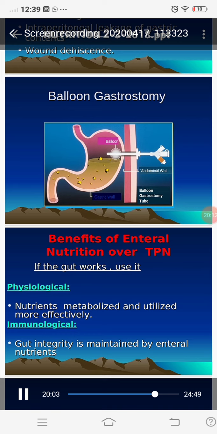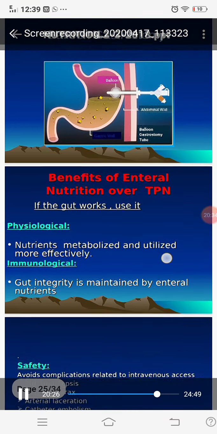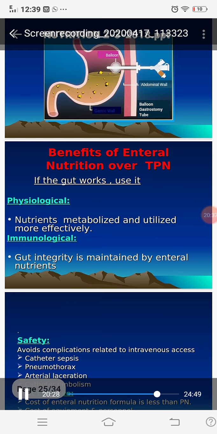What are benefits of enteral nutrition over total parenteral nutrition? If the gut works, always prefer enteral nutrition, because enteral nutrition is physiological, nutrients metabolized and utilized more effectively, immunological, gut integrity is maintained by enteral nutrients. Safety.